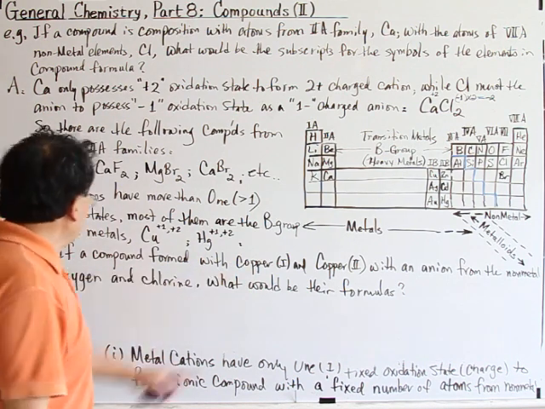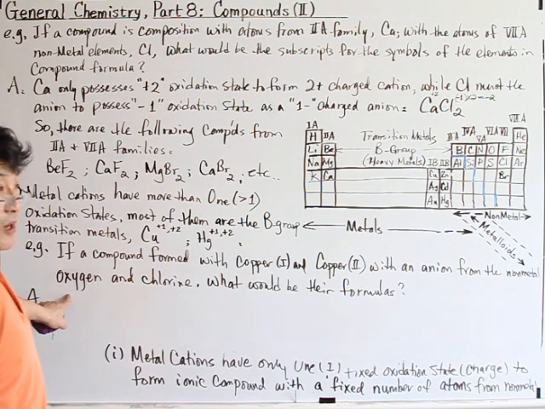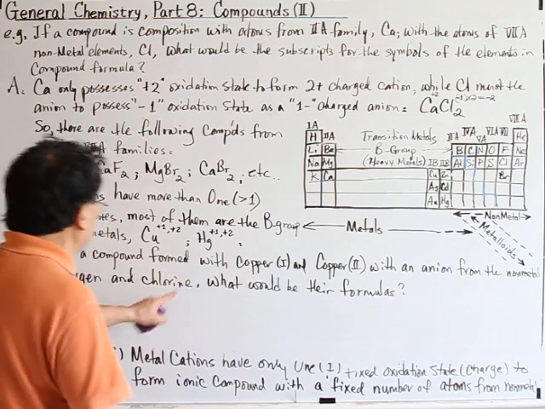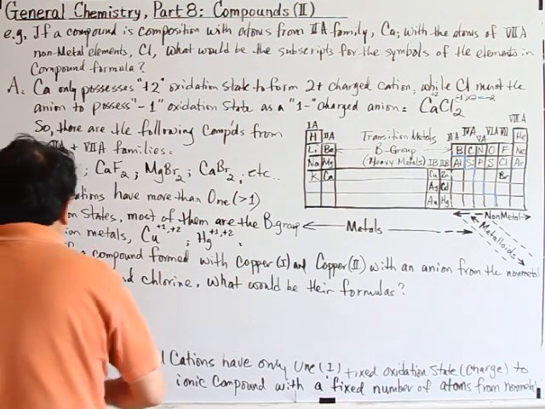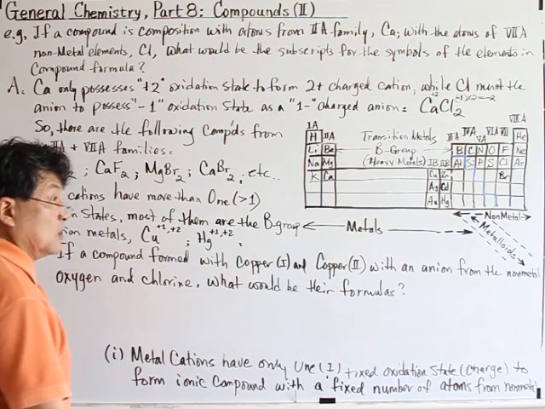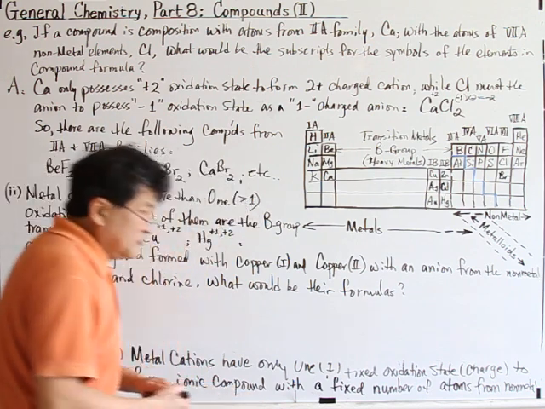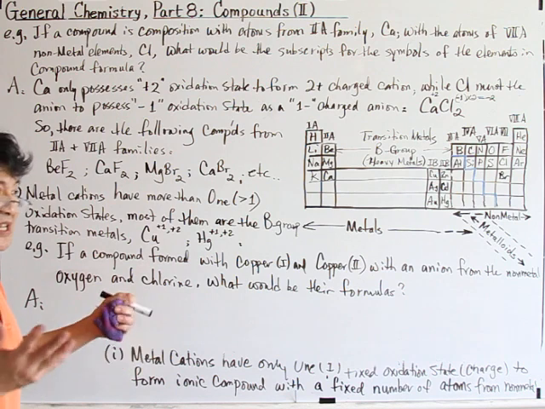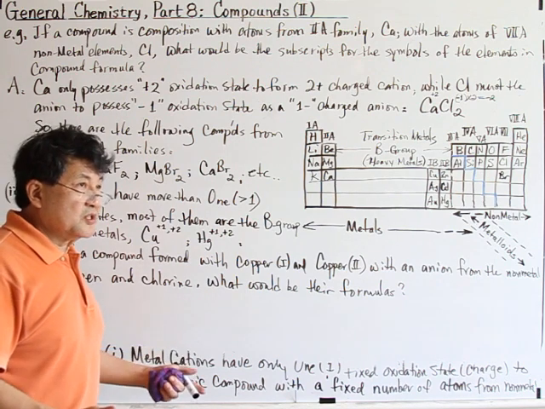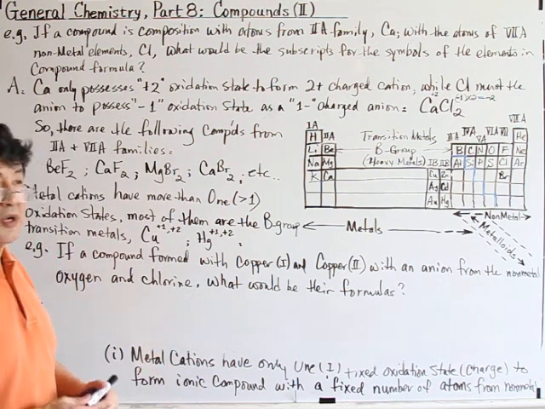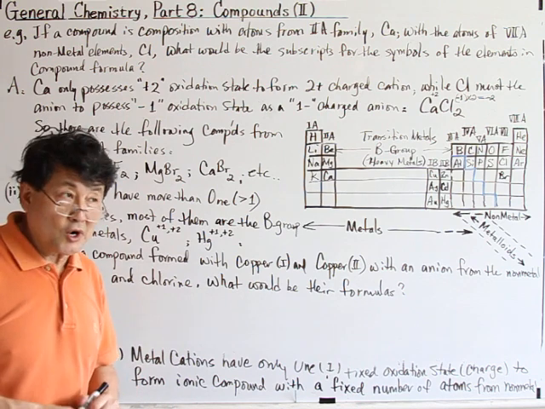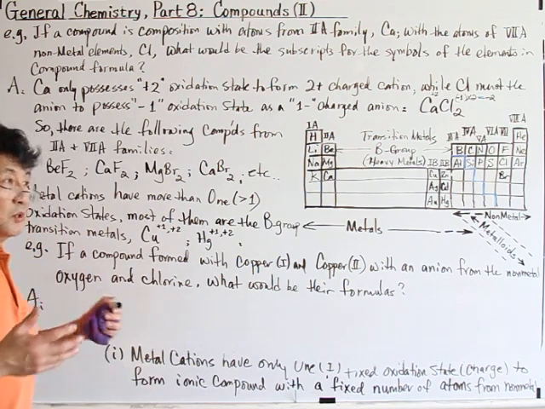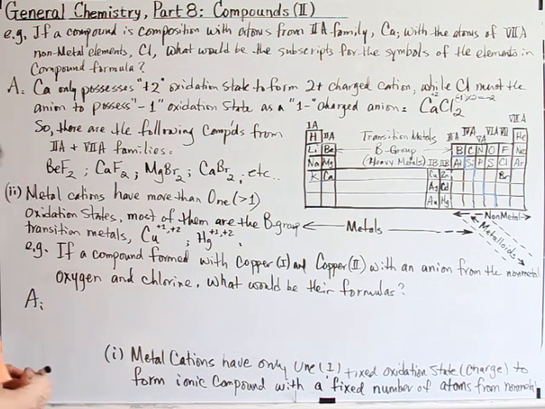Now the first one, we're going to make a compound with oxygen. And the second one, we're going to make it with chlorine. Oxygen, in 99% of the cases when it makes a compound, appears as a 2 minus charge anion, with a -2 oxidation state.